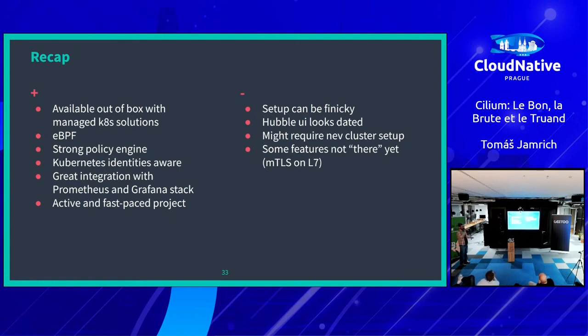It uses eBPF, which is very promising. It has strong engines for enforcing policies in your cluster. It is aware of the Kubernetes identities, so you can get rid of the IP rules. And it has a great integration with Prometheus and the whole Grafana stack.